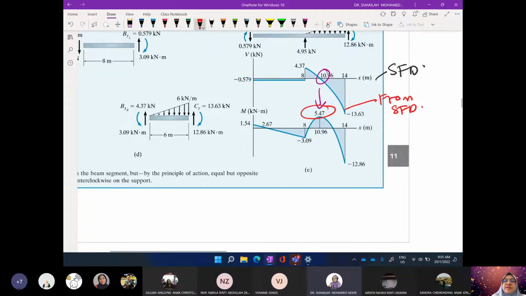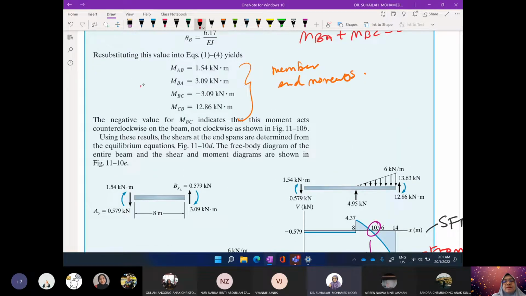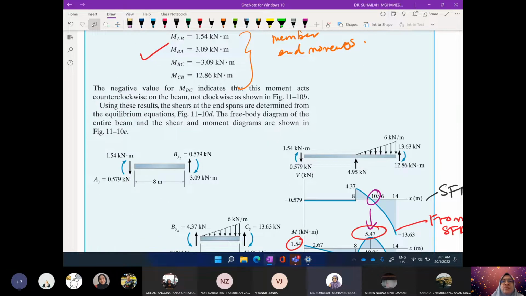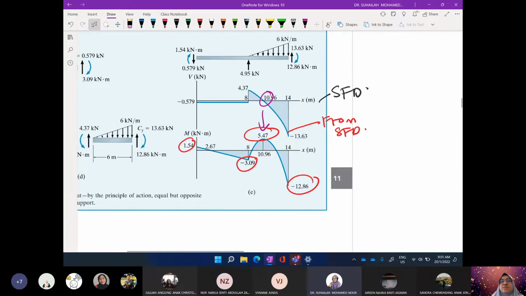So the values here, 1.54, 3.09, and 12.86, are the values that we get from member end moments. Means that from the member end moments that we get from the distribution table, we can get the diagram, the BMD. So this is BMD.